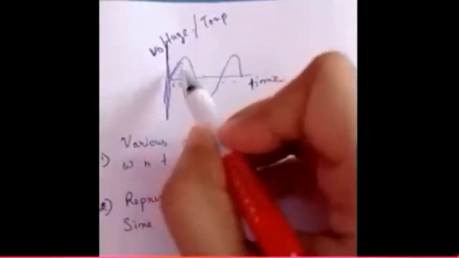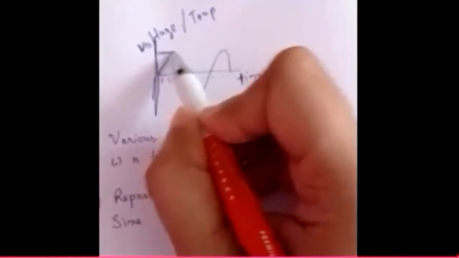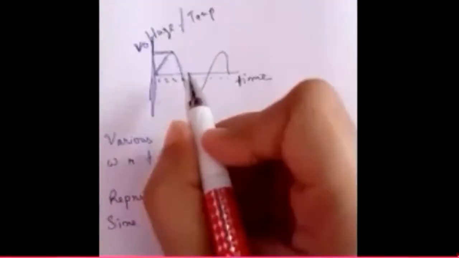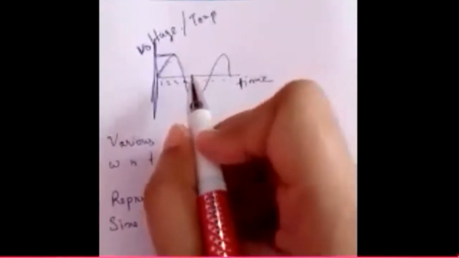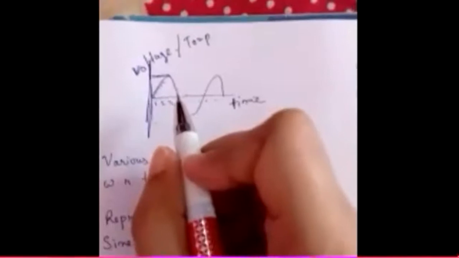At a particular point it will increase or decrease. This is the peak temperature, the highest temperature or voltage. After that the temperature or voltage decreases, means it varies continuously with the time. It doesn't remain constant. Clear?